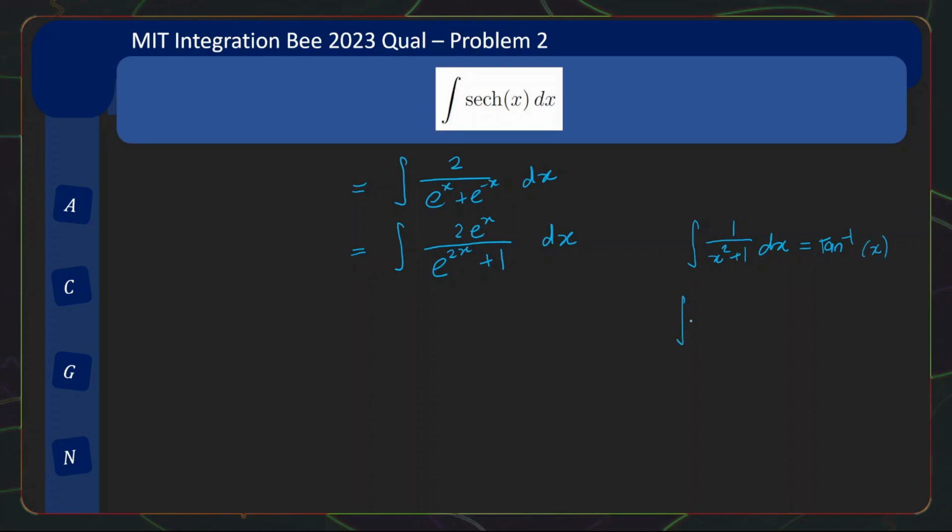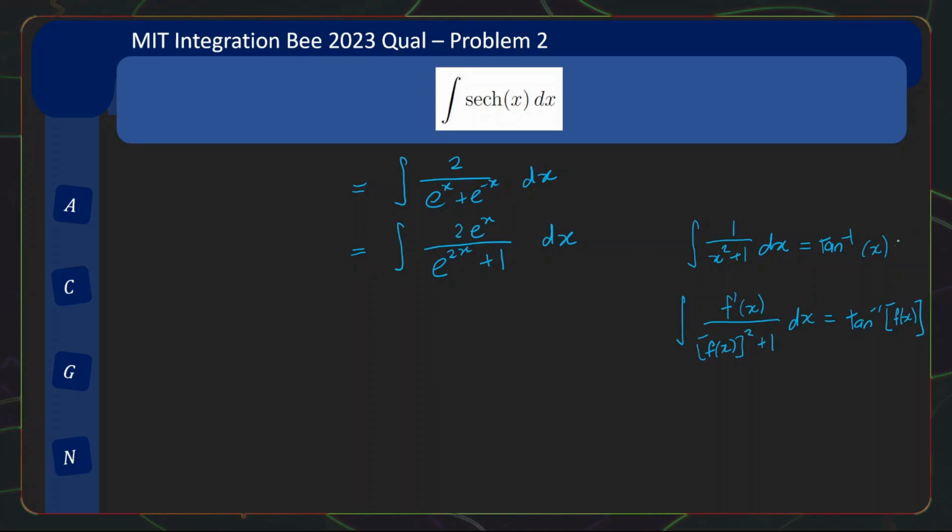Similarly, if we have the integral of f prime x over f x squared plus 1 dx, then this is the arctan of f x. This is simply from the chain rule. If you differentiate this, you get the original expression of 1 over f squared plus 1, but you also have the differentiated version of f appearing.